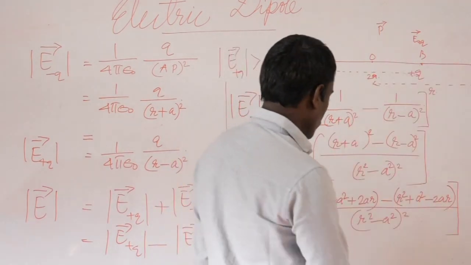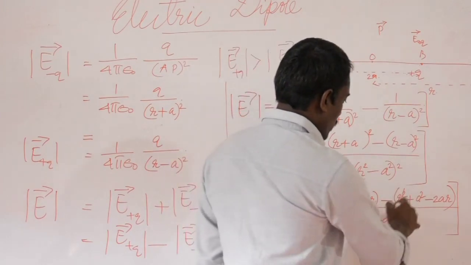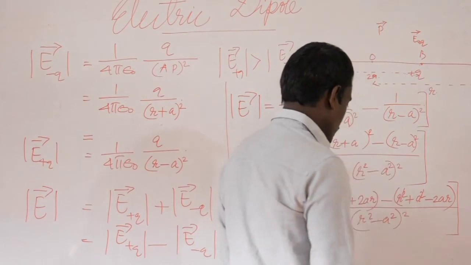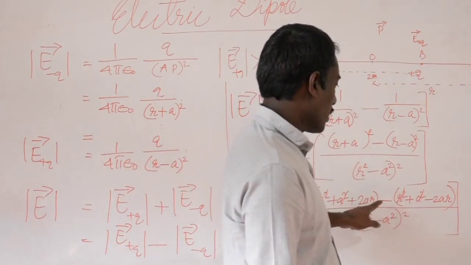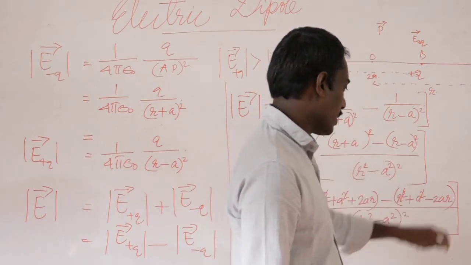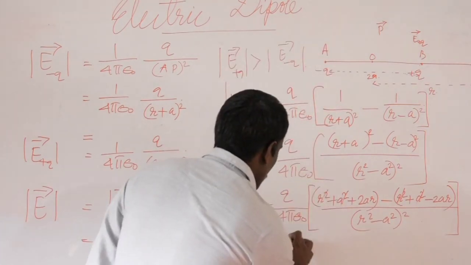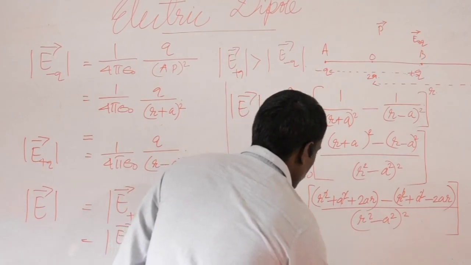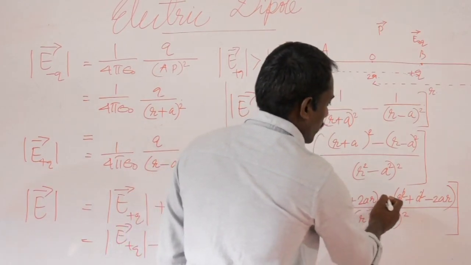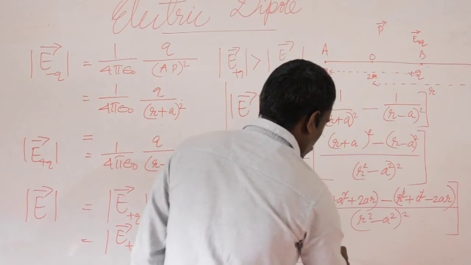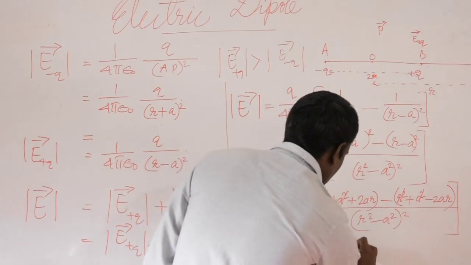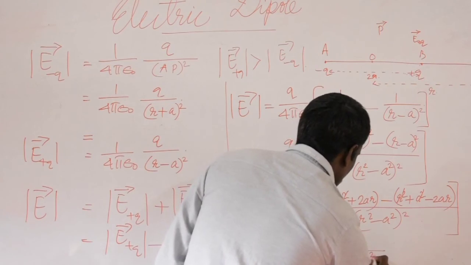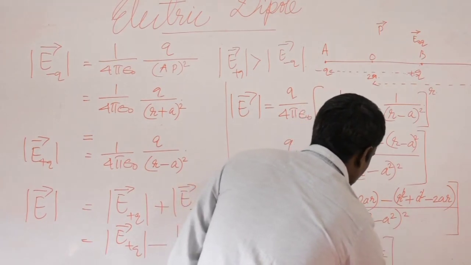Now R square can be cancelled, A square can be cancelled, then 2AR plus 2AR. That means we get Q divided by 4 pi epsilon 0 into 4AR divided by (R square minus A square) whole square.